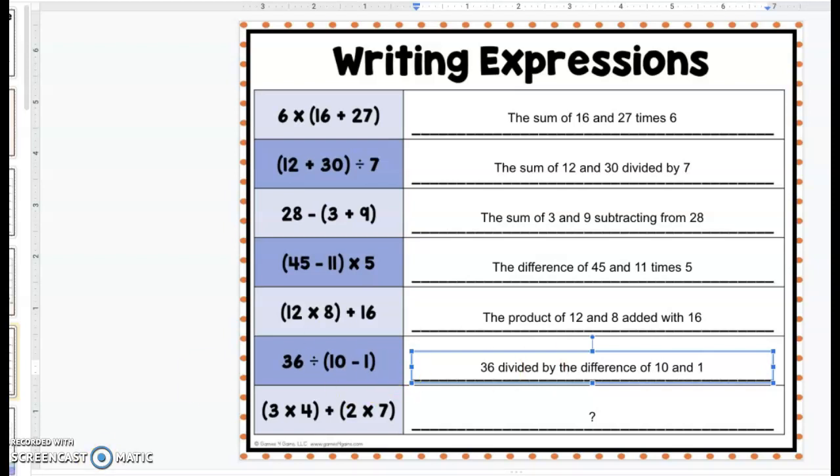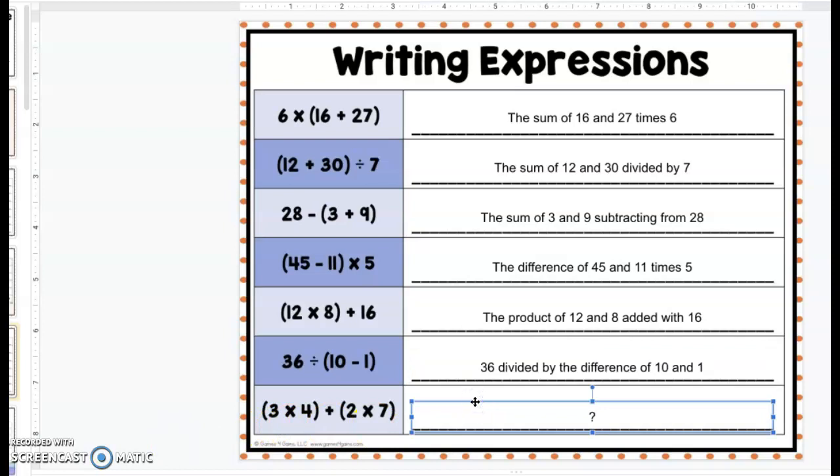Okay, last one, yay. The sum, because we're adding both of them together, the sum of 4 threes, because we're doing 4 times 3, and 2 sevens. Maybe I should write it like this, and then it'll be a little bit better.